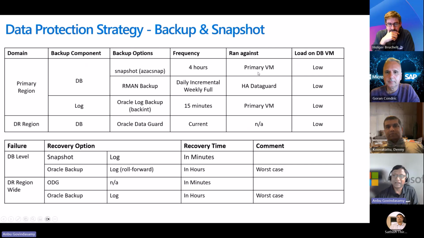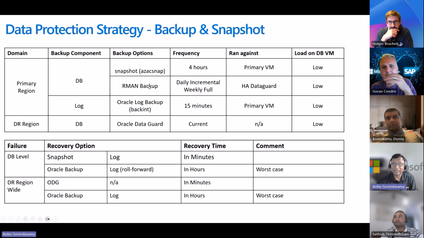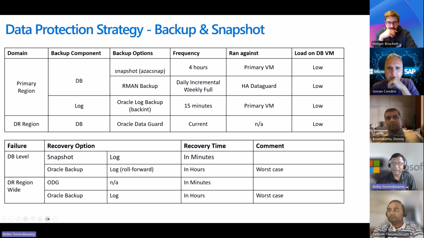At the same time, we still have to have an incremental backup or a full backup taken over the weekend or on an everyday basis. In this case, we leverage Data Guard. Basically, we let that run on an HA standby instead of running on the primary. By doing so, we were able to achieve both quick recovery, and this is going to provide you the business RTO.